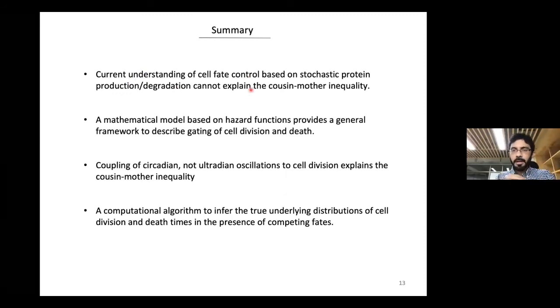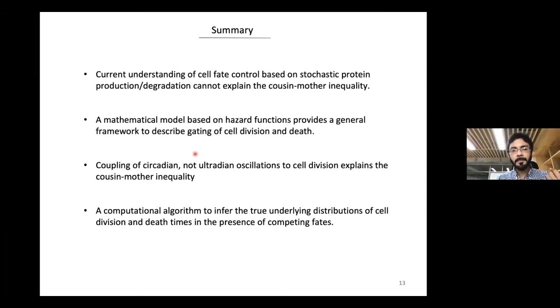Okay, so in summary, what I've tried to argue is that, at the least, the current understanding of cell fate control, based on these simple ideas of protein production and degradation and how they get split between daughter cells and passed on from mother to daughters, cannot explain the correlations that we see in cell cycle times. How do we explain those correlations then?